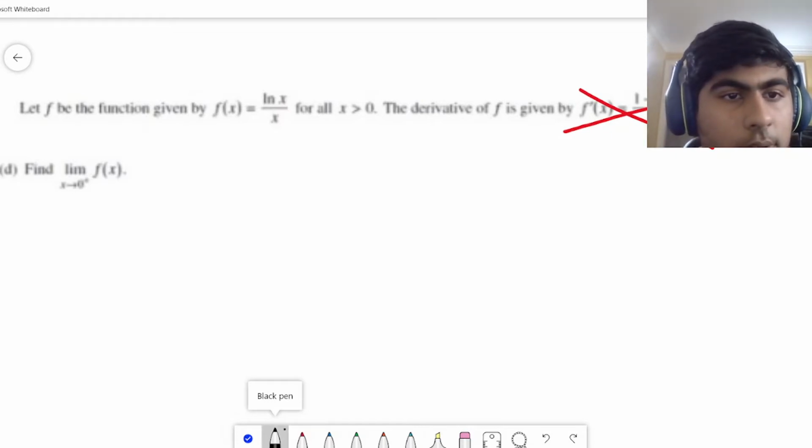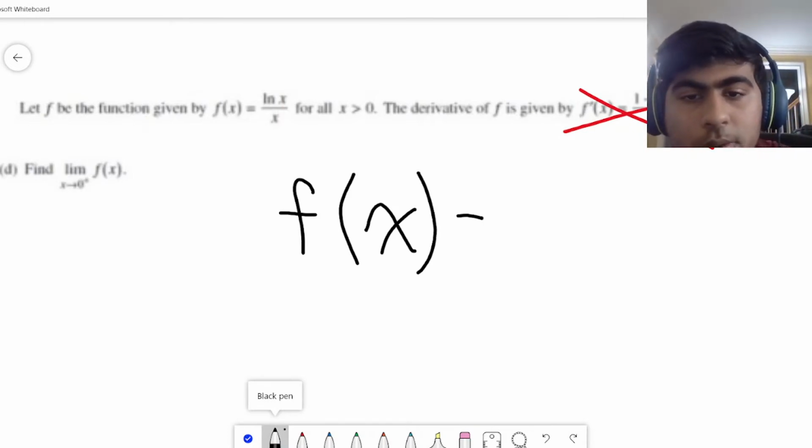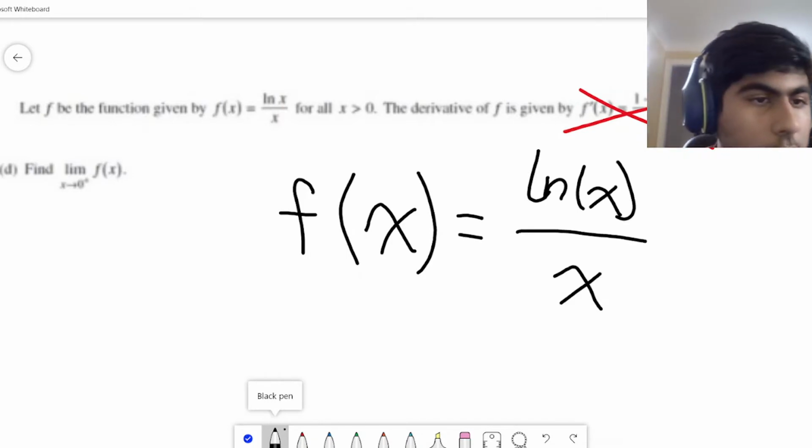Now, we have f of x is equal to the natural log of x over x.